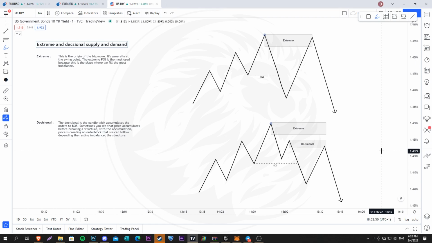So now to start a move, I use the extreme order block, and after, if my order flow is right, I can use the decisional to follow the market and to add some position to my initial position. But to create a big movement, I will not use the decisional order block.